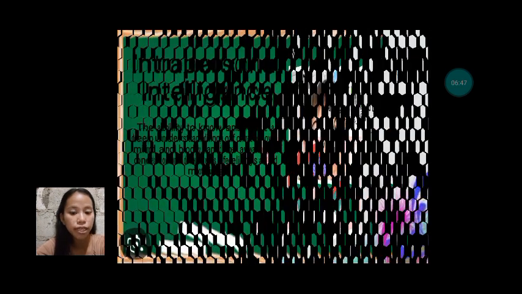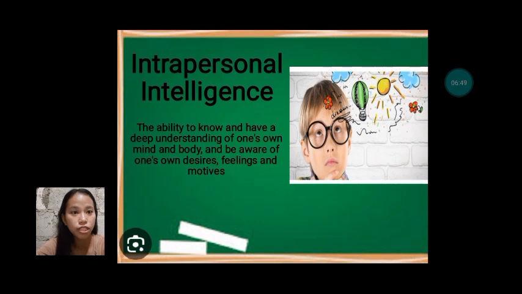The next one is intrapersonal intelligence, the ability to know and have a deep understanding of one's own mind and body, and be aware of one's own desires, feelings, and motives. They tend to enjoy self-reflection and analysis, including daydreaming, exploring relationships with others, and assessing their personal strengths.